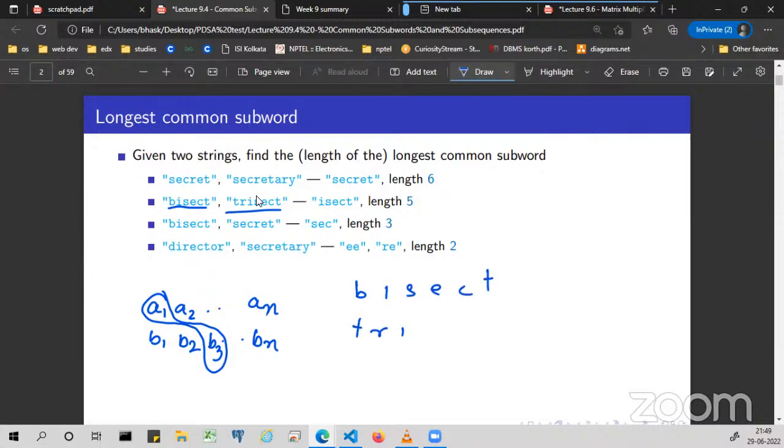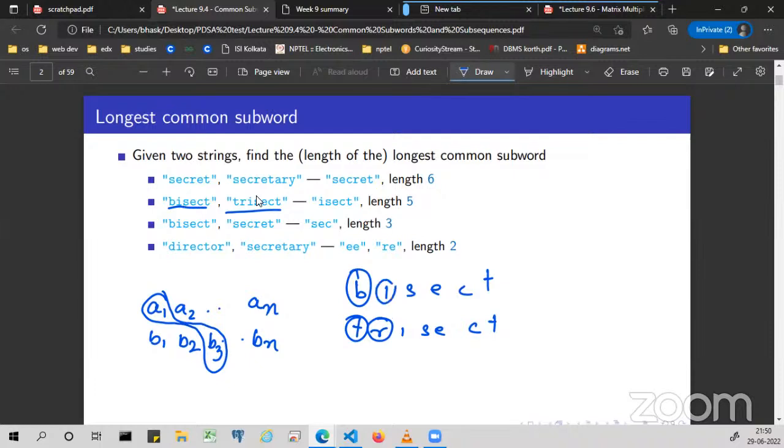If I start from b, I see b is not equal to t. I proceed further, b is not equal to r as well. Not i, not s, not e, not c, not t. So b is not there. So once b is not there, I know there is no common string that has b as the starting character.